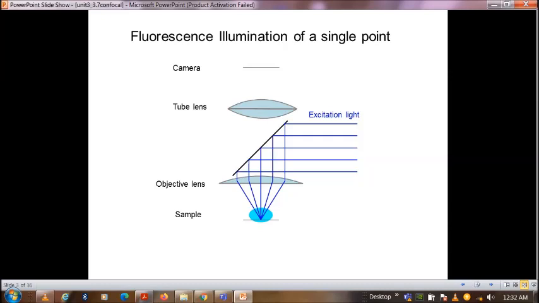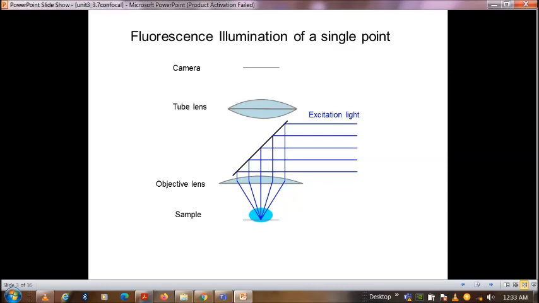And the fluorescence excitation of a single point is done using tube lenses like this. Whenever the excitation signal falls over a slanting line and is made to pass through a lens in a convex manner, it converges at one particular distance.